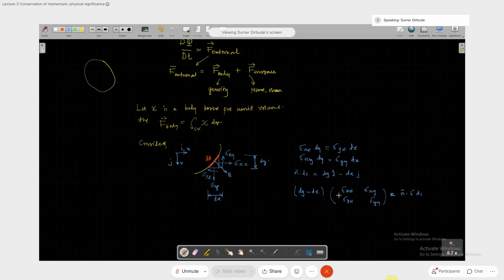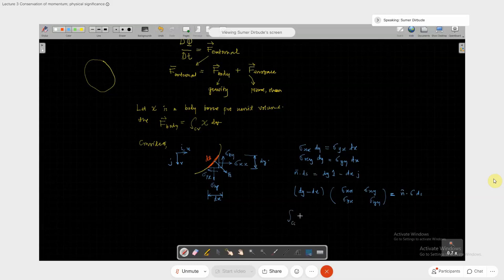Okay, so we can represent it this way, because sigma looks like the same system: n dot sigma only, so this particular form is nothing but n dot sigma ds. So what does it mean?